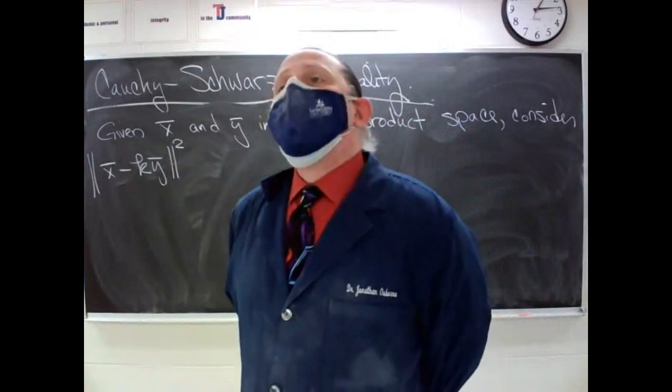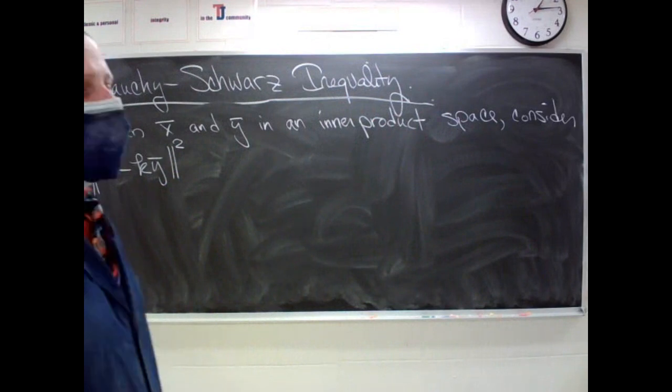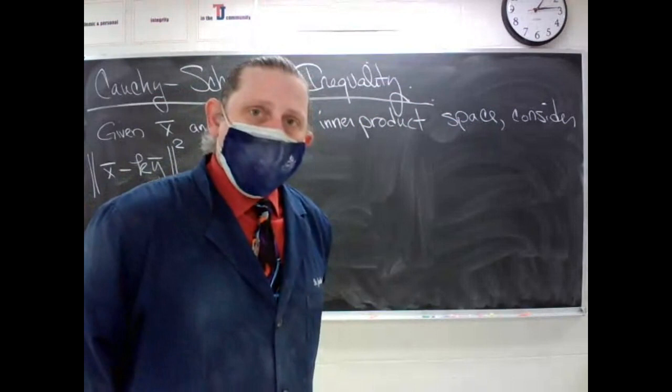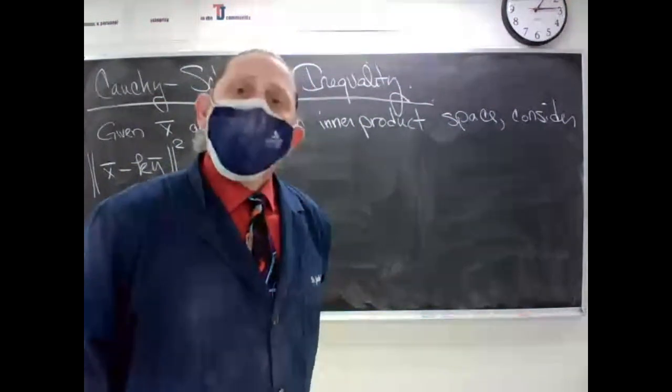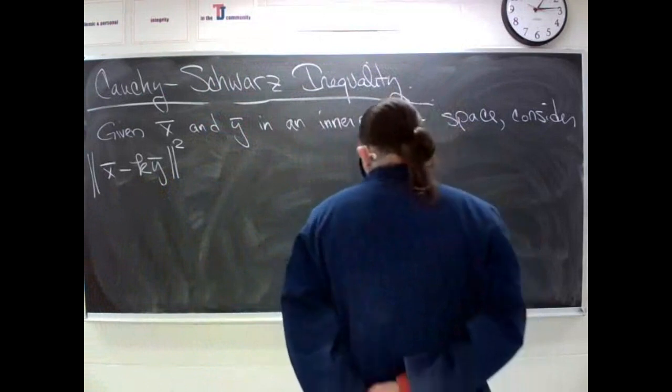All right? This proof can be extended to fully complex numbers. It's just a bit more awkward to prove when I allow everything to be complex. So I'm just going to show you the real version. All right?